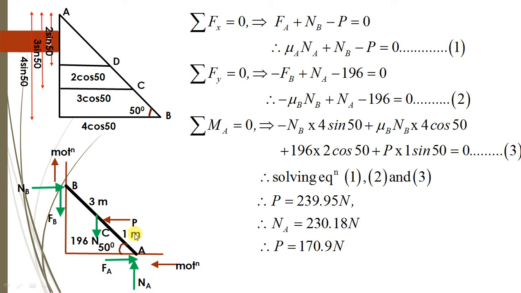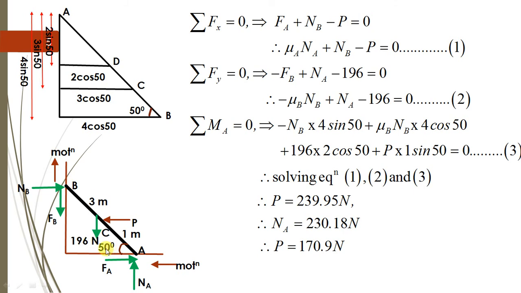Coming to NB first, NB is the reaction offered at point B. What is the perpendicular distance between NB and point A? It is the vertical distance between A and B, which is 4 sine of 50.